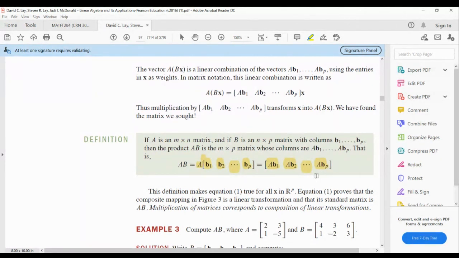Now that's an interesting result. And what I'd like to do is show you intuitively why that's true.